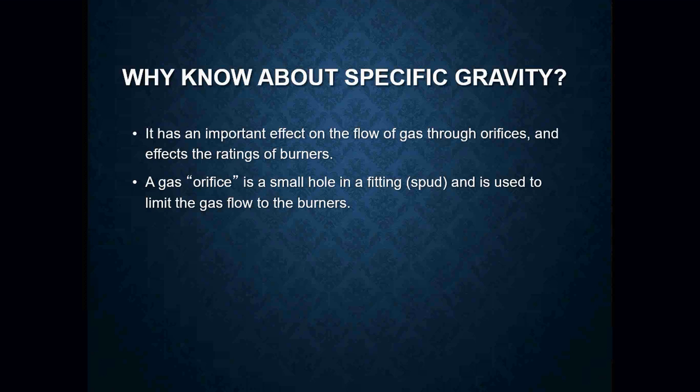Like the gas orifice is nothing more than a small hole in a fitting that we call a spud, and that is used to limit the amount of gas flow to your burners. Your flow and the specific gravity of that gas is going to determine how much gas is going to be delivered to your burners.